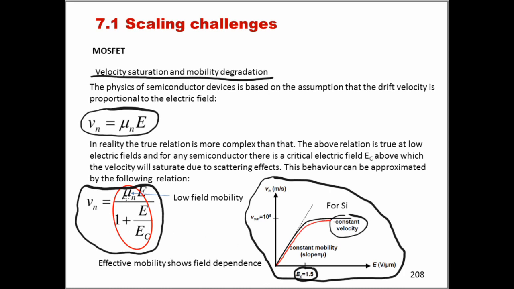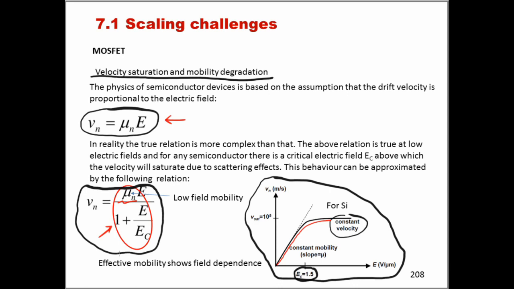So in this formula here, μn is the constant mobility that we would get if the device was a long channel device. And as you can see now, the electric field appears also in the denominator. So if the electric field in this formula is small, much smaller than EC, we go back to the formula we know, the constant mobility formula. But if the electric field is not small, then the effective mobility that is represented by the terms in the circle here is effectively dependent now on the electric field.